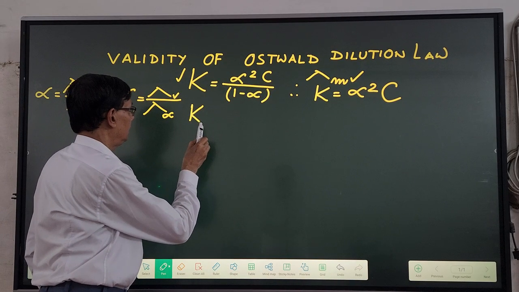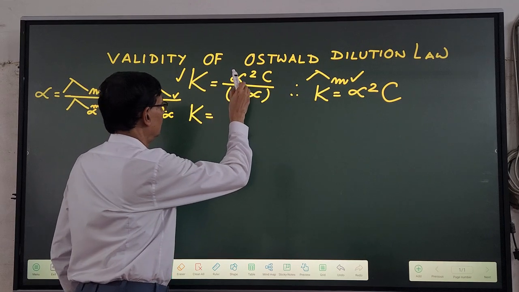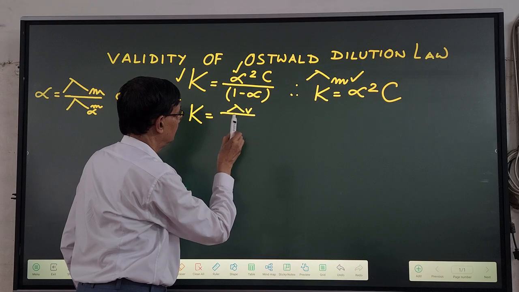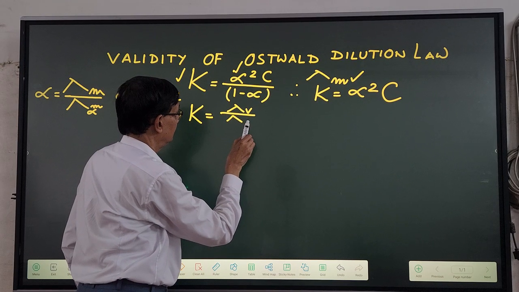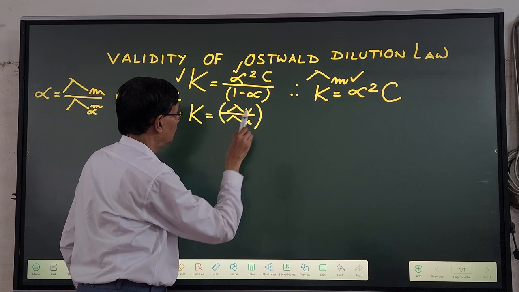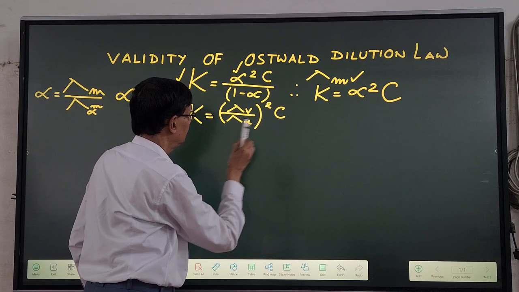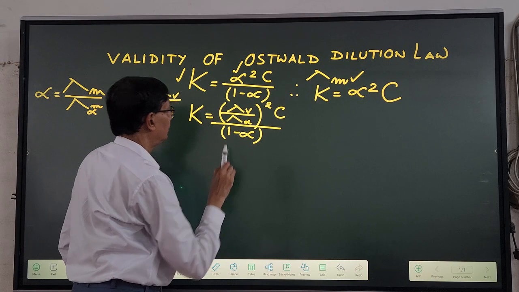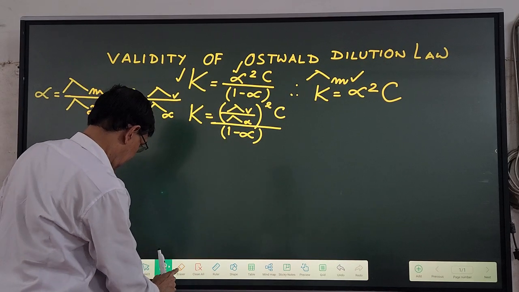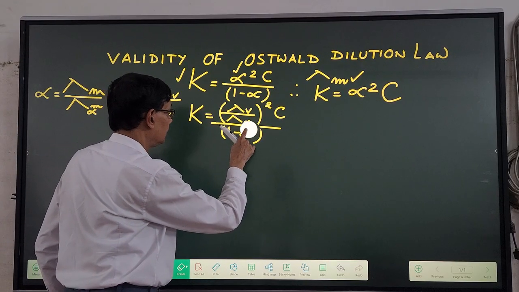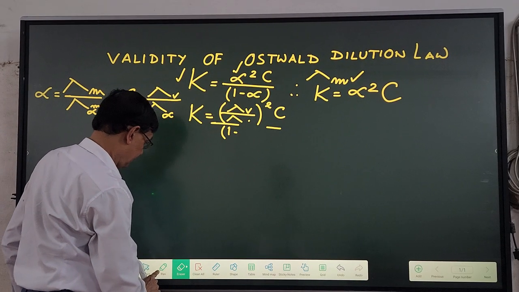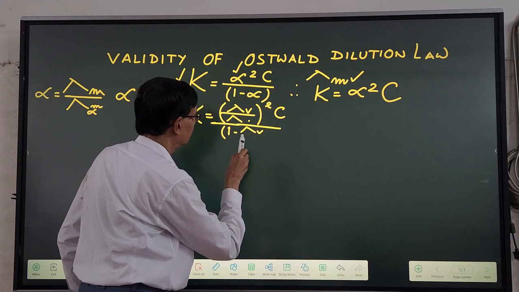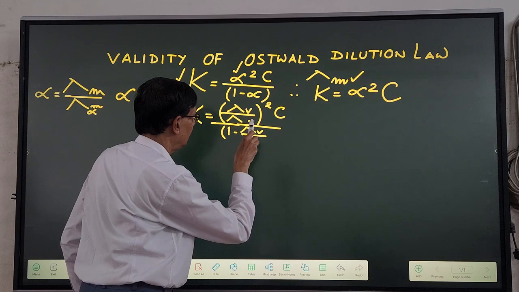Like if I write like that, we know the value of alpha is lambda_v divided by lambda infinite.